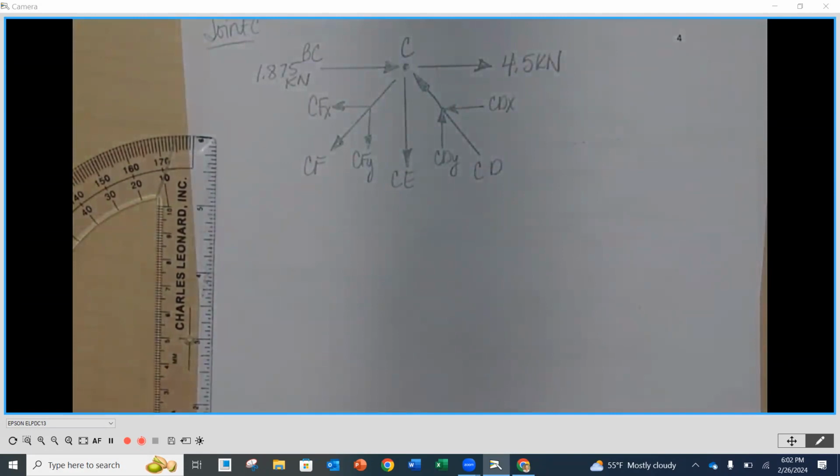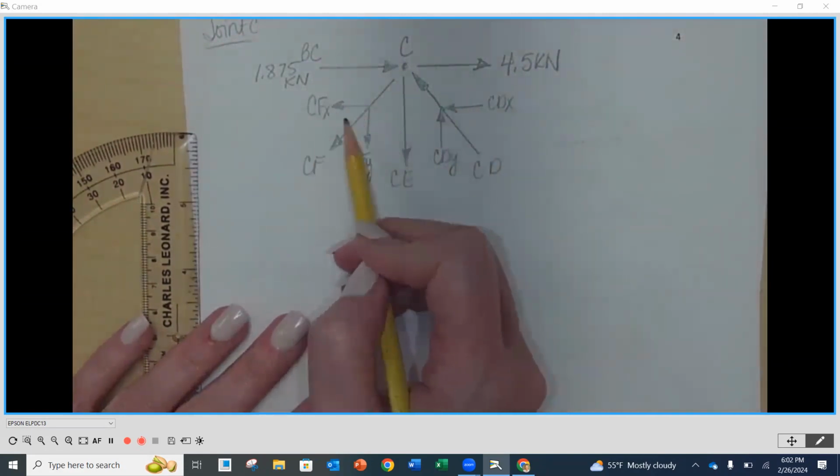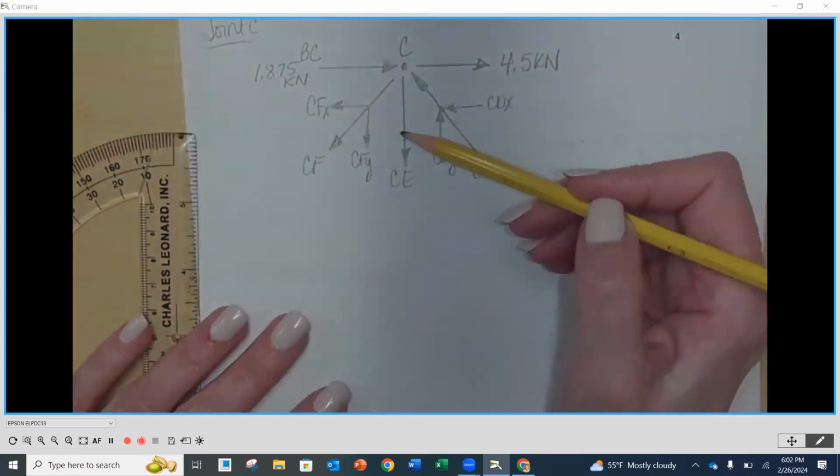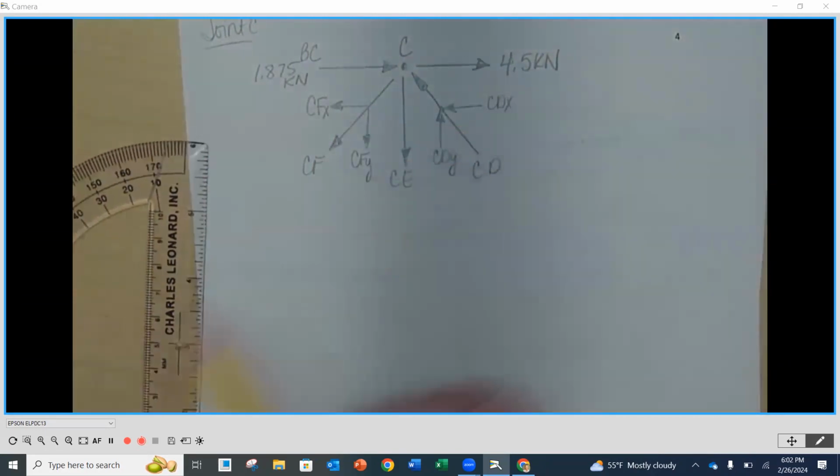As we look here, is there any direction where we feel like we could solve for something, like there's only one unknown, X or Y? In the X, I've got 2 unknowns. In the Y, I have 3 unknowns. Okay. No big deal. We'll write our equations and we'll just get as far as we can.